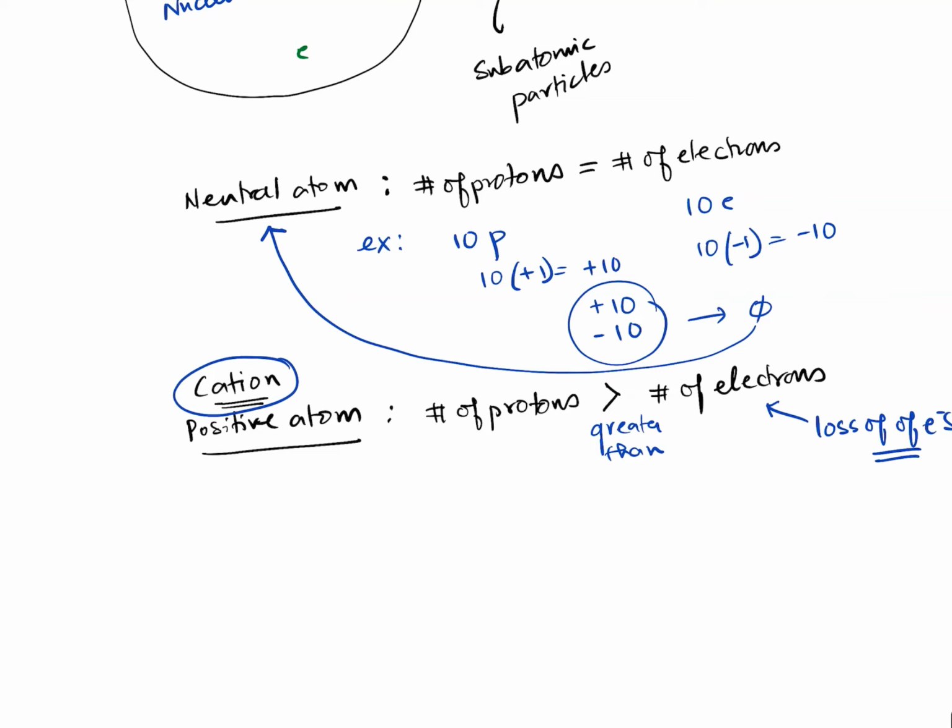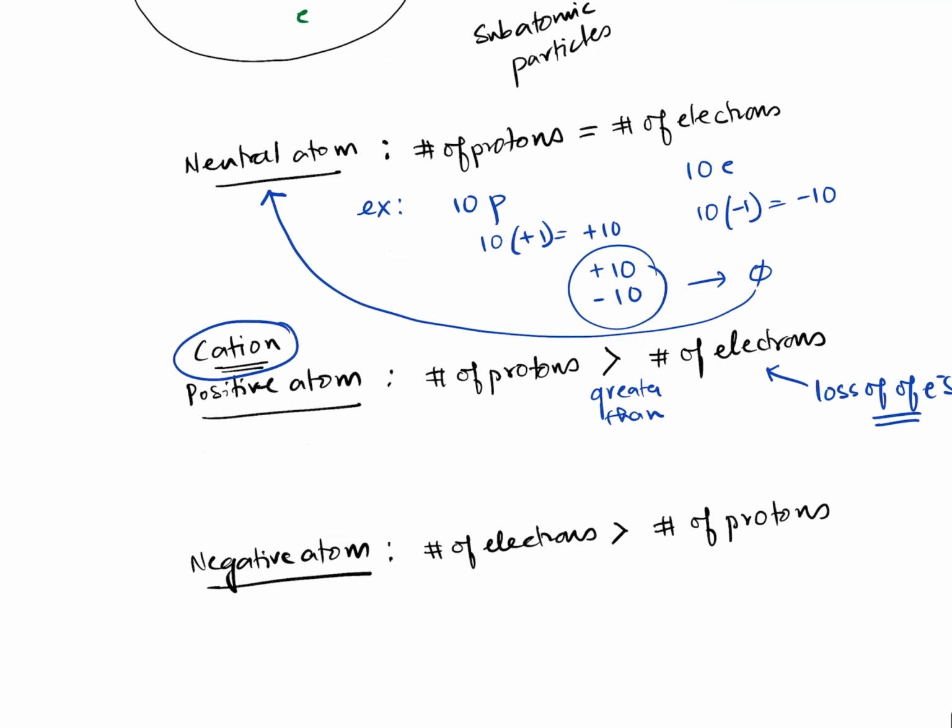Now, how about if you had a negative atom? Well, simply put, the number of electrons is greater than the number of protons.